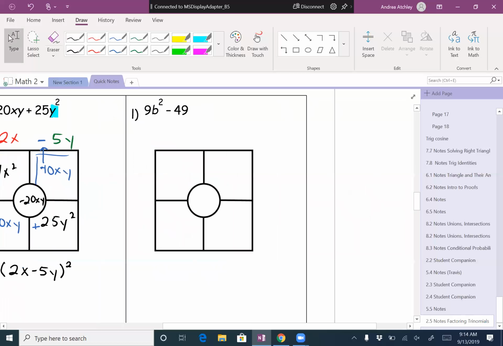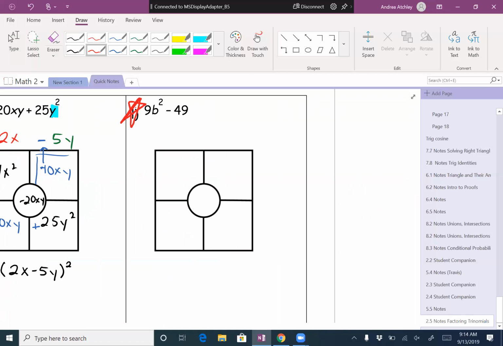Now, L is slightly different. We want to put a star on it. Why is it different? There are only 2 terms. What am I missing? The middle. I'm missing that circle, right?